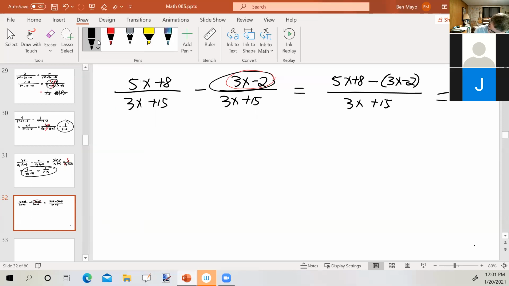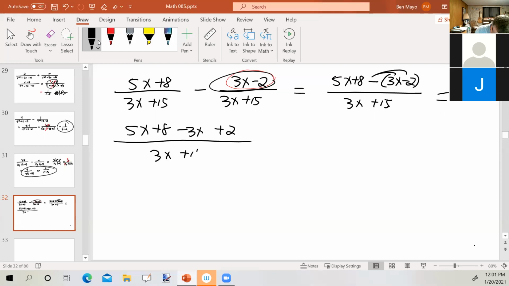So then this becomes 5x plus 8 minus 3x plus 2 over 3x plus 15, which is 2x plus 10 over 3x plus 15, okay? That's going to be very different than if you ended up with minus 3x minus 2, which is what you get if you don't distribute that.